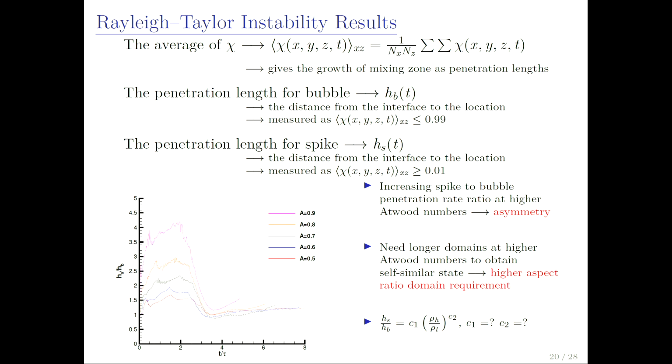Was that expected? Yes, there are only 2 papers in the literature, and these results confirm their findings. So in order to provide a scaling between the ratios of penetration lengths and the density ratios, I have to run on a longer domain and, of course, for a longer time.